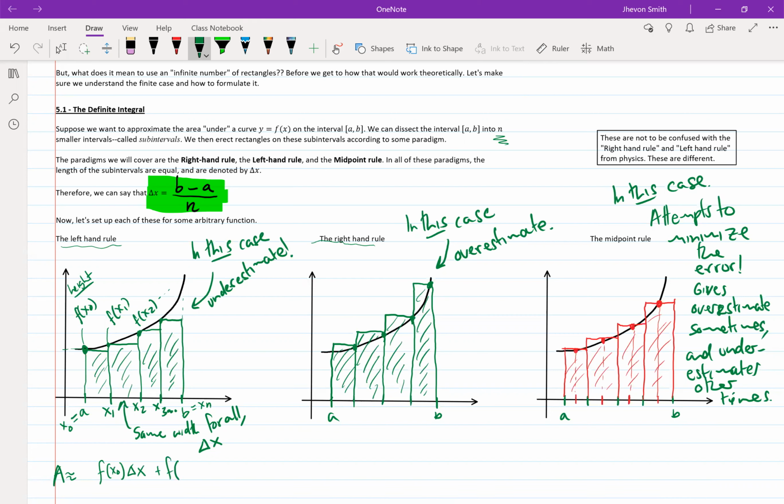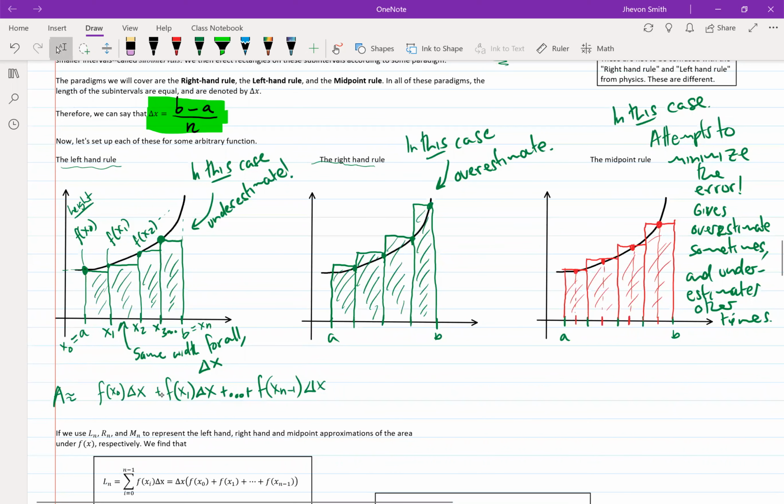Plus, I can take the height of the second rectangle times delta x plus, and I can keep going. Now, of course, the xn is never going to give me the value here. The last height that I care about will be the one that happens just before the xn. So that will go up to f of x(n minus 1) times delta x. Or in other words, I can factor out a delta x if I wanted to.